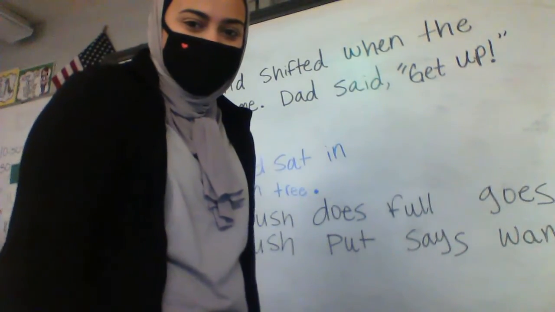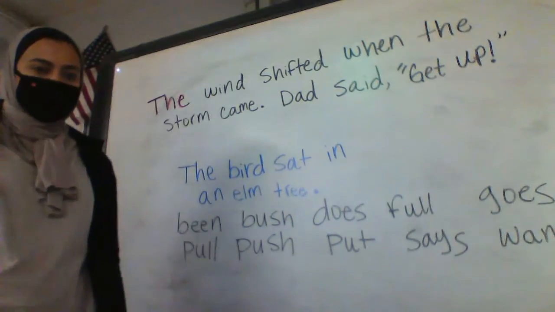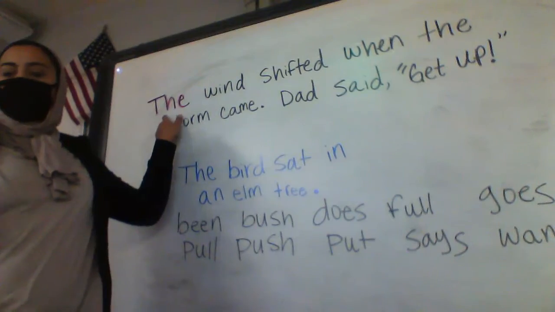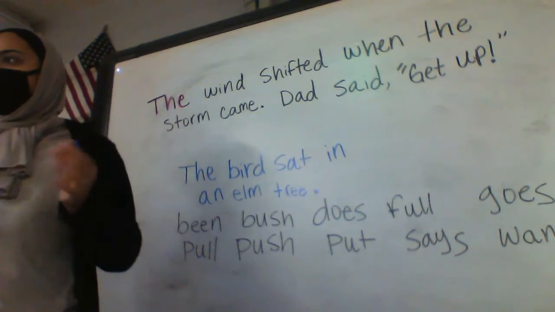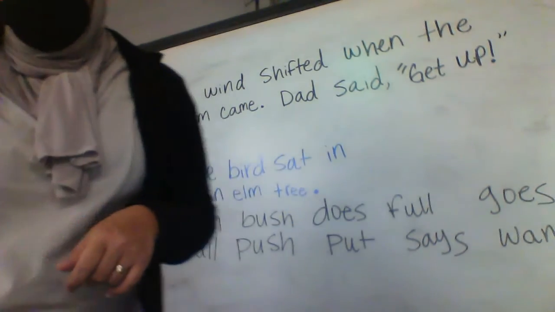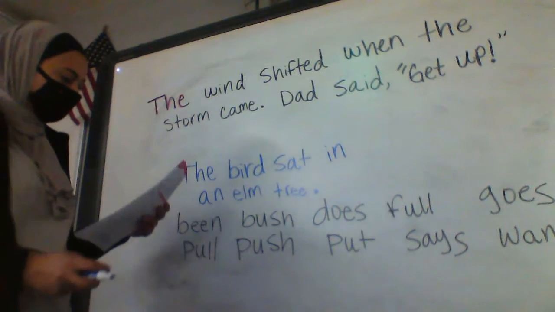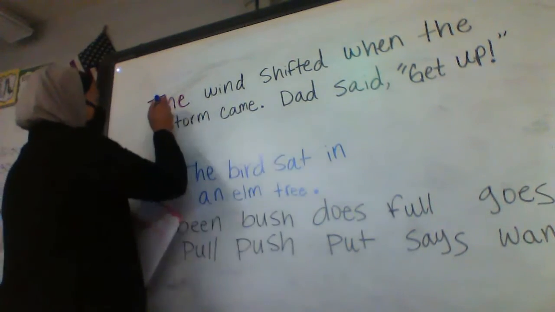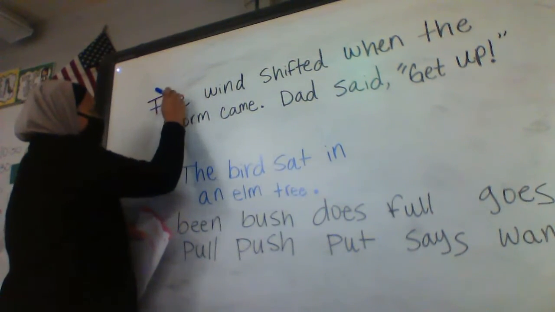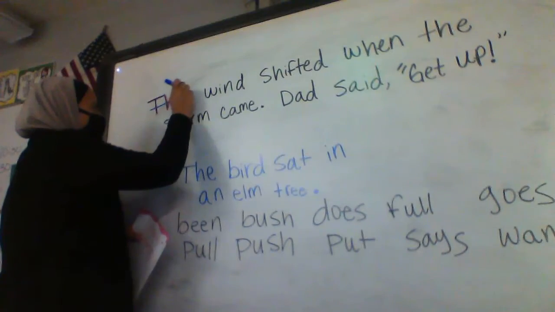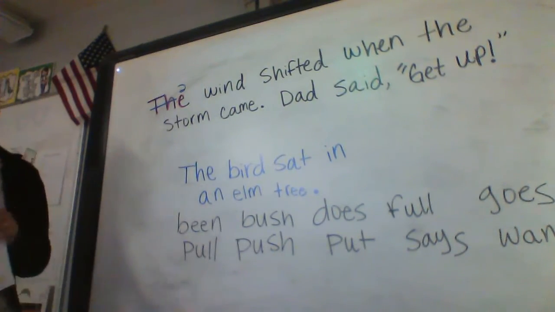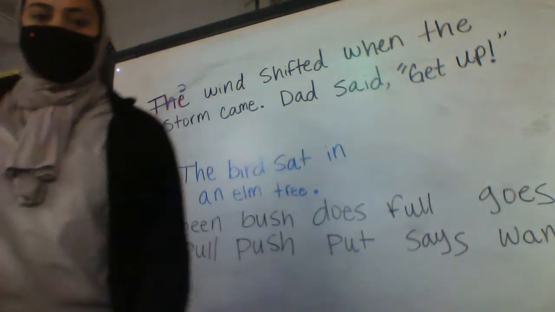All right, let's practice coding this sentence. Who can help me with the word the? Let's see, Ramsey. Good. A line through TH and a squat on E because it makes the sound.